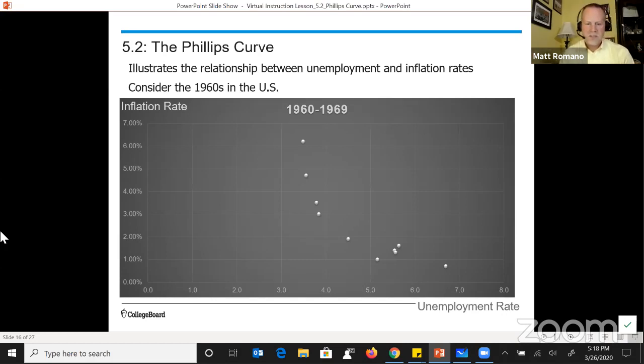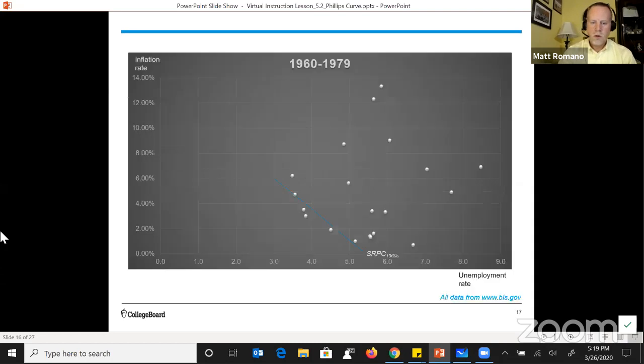Then the 1970s happened. And we know, I already referenced it, what happened in the 1970s. The 1970s are characterized by that period we call stagflation. And stagflation is defined as high unemployment accompanied by high rates of inflation. Well, that shouldn't be possible according to the Phillips curve. And when you plot the points onto this same model, it kind of disrupts what we thought we knew.